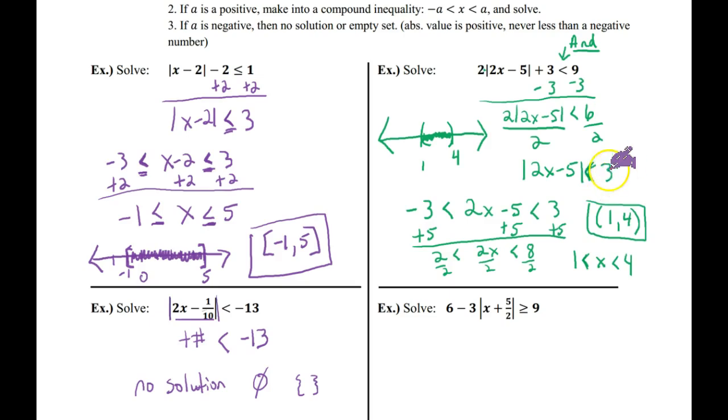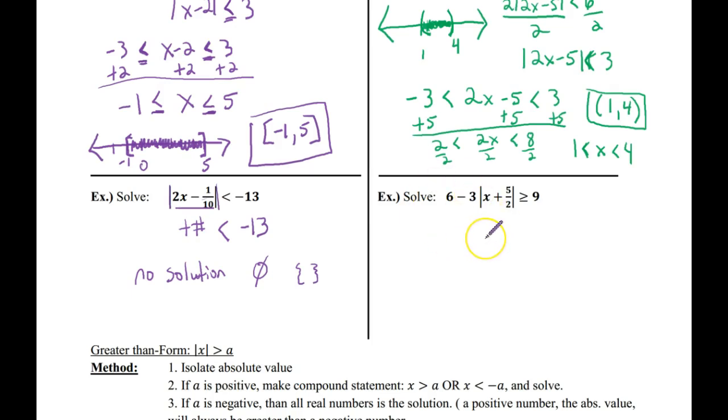So anytime I add that negative, remember I have to flip the direction of my inequality. I prefer not to do that so that I have a way to remember what's the strategy for solving a less than versus what's the strategy for solving a greater than, which we're going to talk about later. So if it's a less than, I remember to tack on the left side and then solve this with the 3 parts. And I know my answer should end up in this form of some closed set.